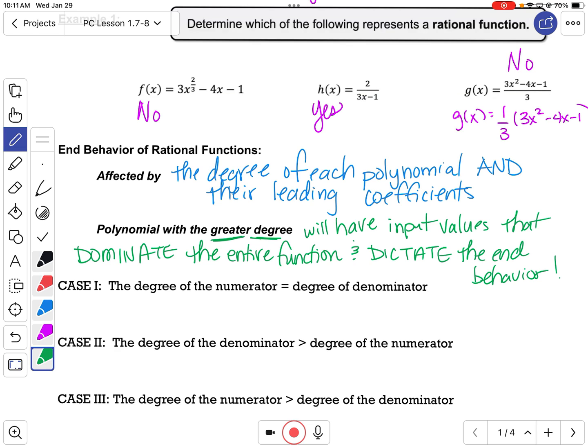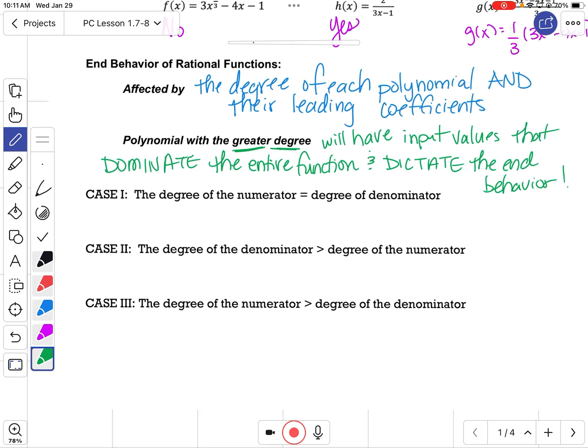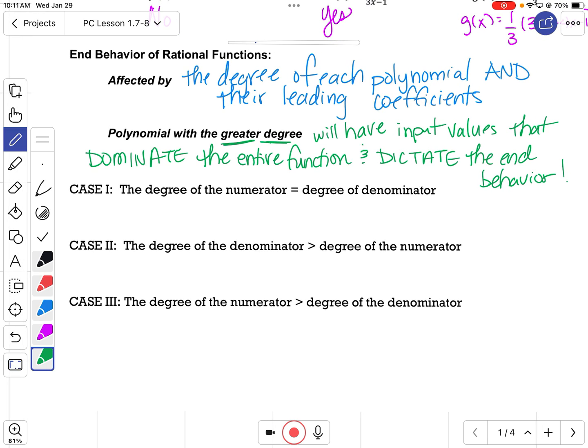The degree of each polynomial and their leading coefficients have an impact on our end behavior, and the polynomial with the greater degree will dominate the entire function and dictate the end behavior. Let's walk through the three cases, and then we're going to look at some examples, so don't panic.